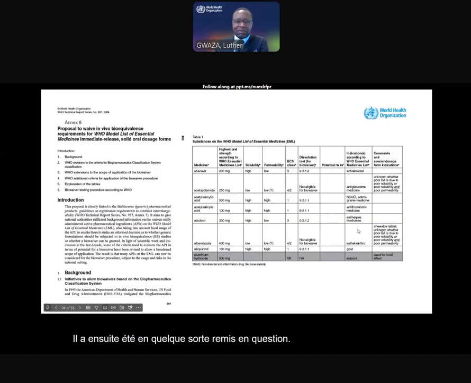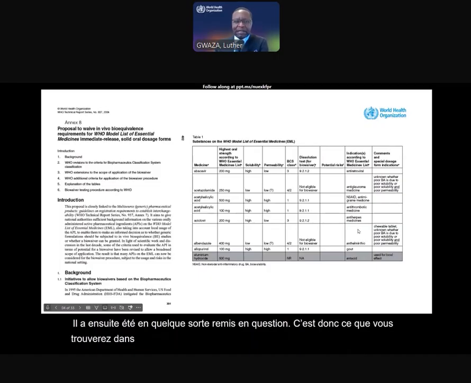So this is what you would find in the previous publication, where you had the table with the solubility, permeability, and the BCS classification, and then also some additional comments.